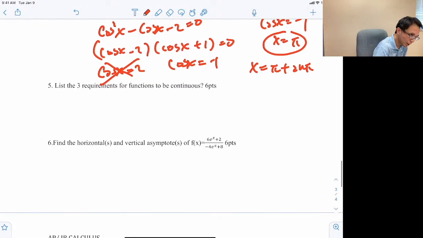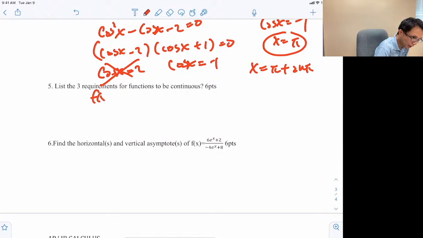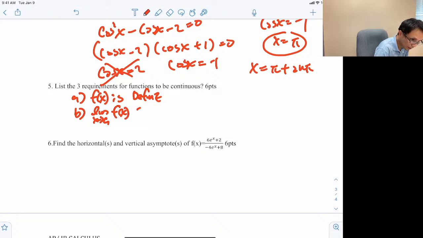It's a great question. F of x is equal to what? Well, f of x is defined. Sorry, the first one is defined. A, f of a is defined. B, the limit as x approaches a of f of x must exist.